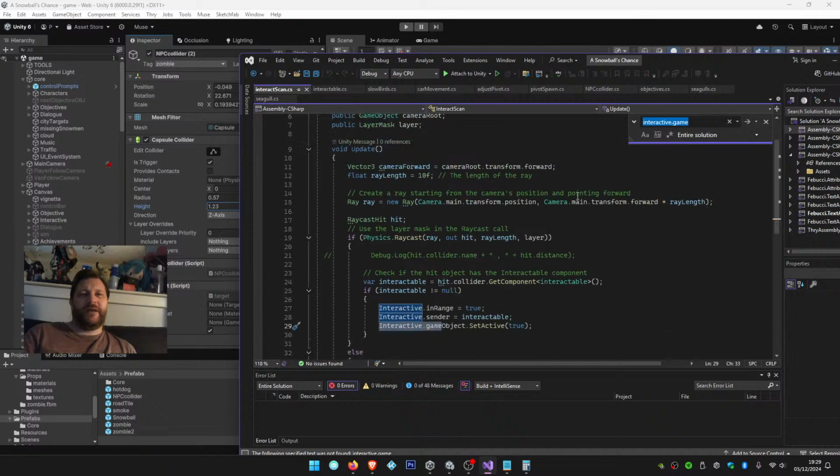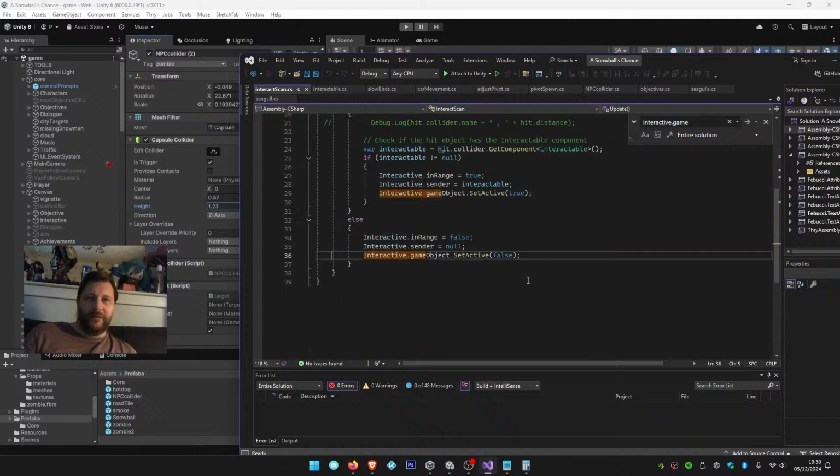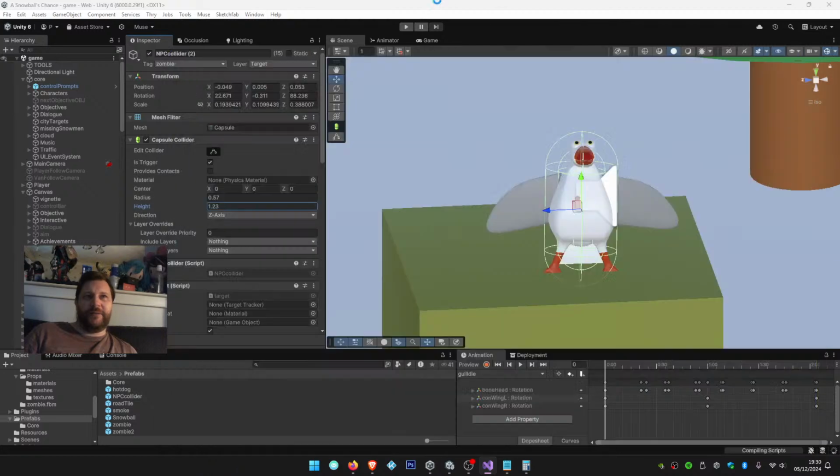Our interact scan is saying, right, interesting. Our interact scan says if you don't hit a raycast, disable the entire game object. Yeah, we don't want to do that anymore. But I wonder if that's going to break its previous functionality.